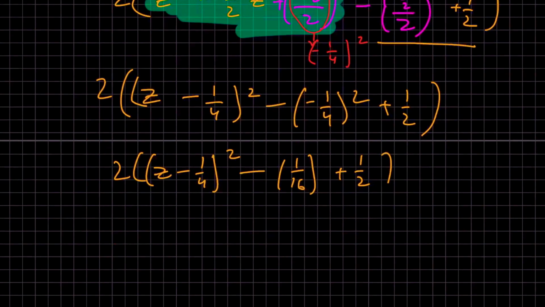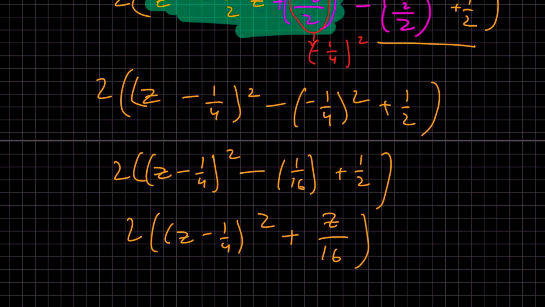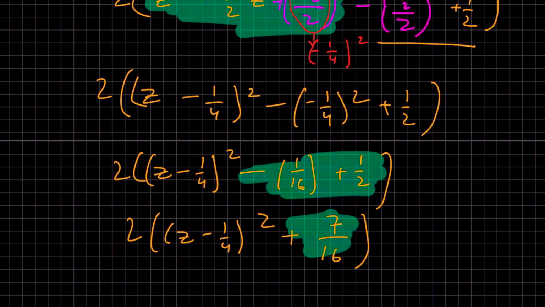So this can simplify to 2 times z minus 1 over 4 squared plus 7 over 16. So that's from over here. That gives us 7 over 16.